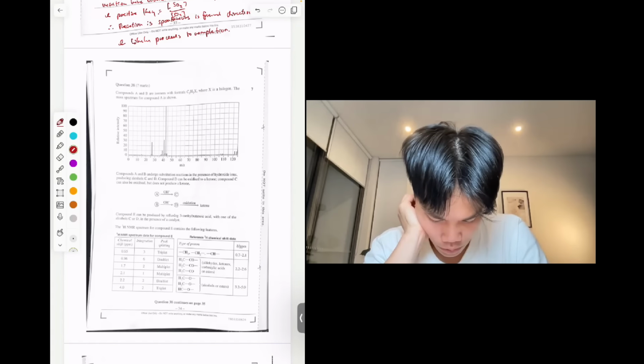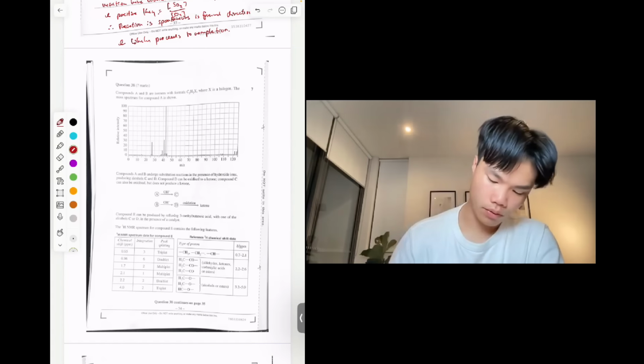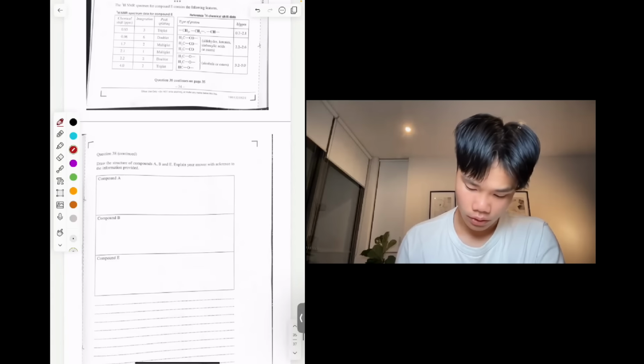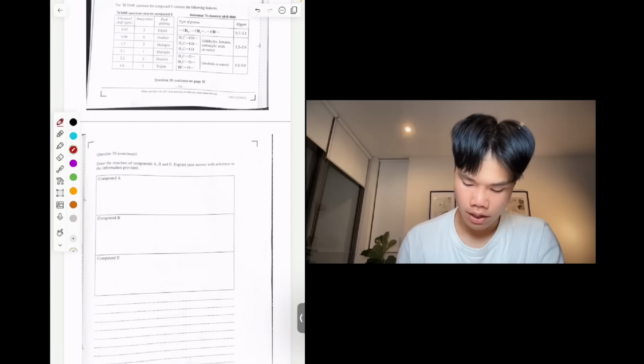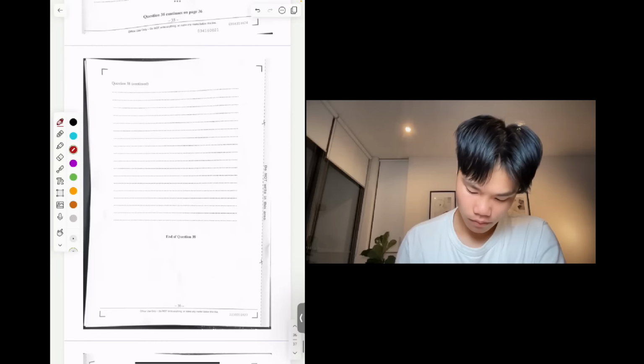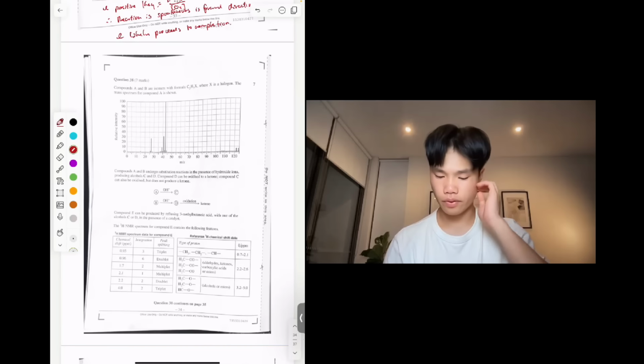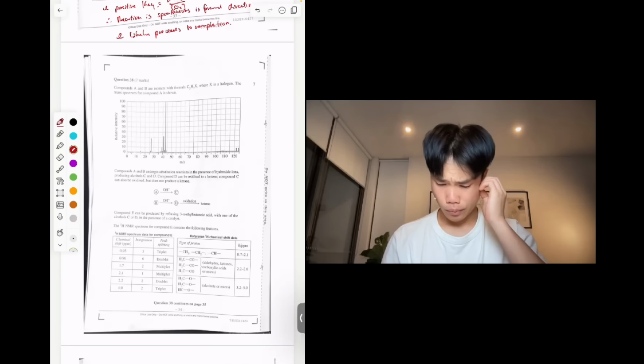Compound E can be produced by refluxing 3-methylbutanoic acid with one of the alcohols C or D in the presence of a catalyst. The proton NMR for compound E contains the following features. They ask you to draw the structure of compounds A, B, and E and explain with reference to the data. Okay, cool.